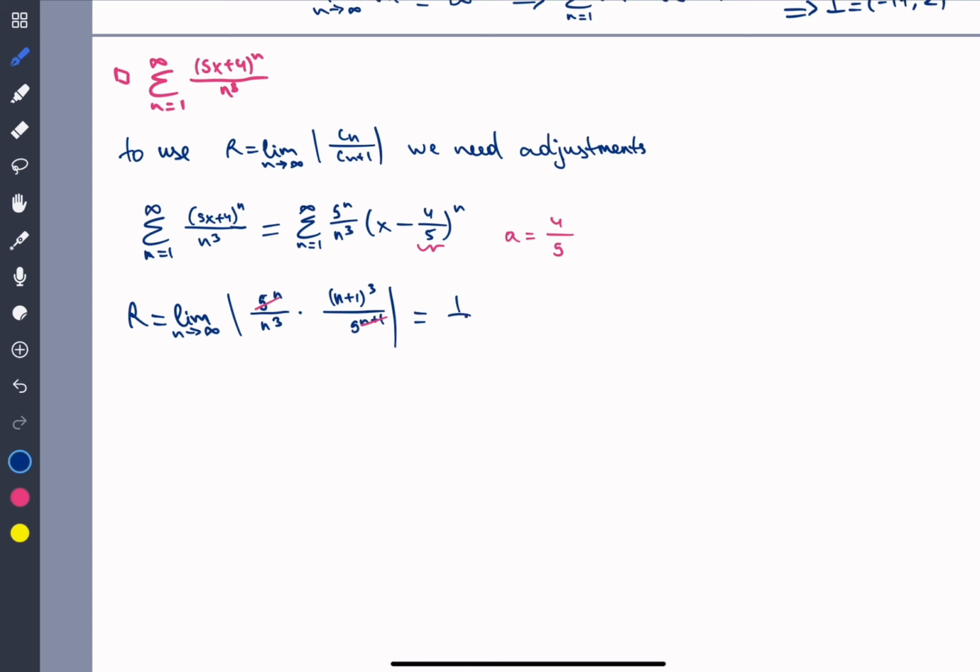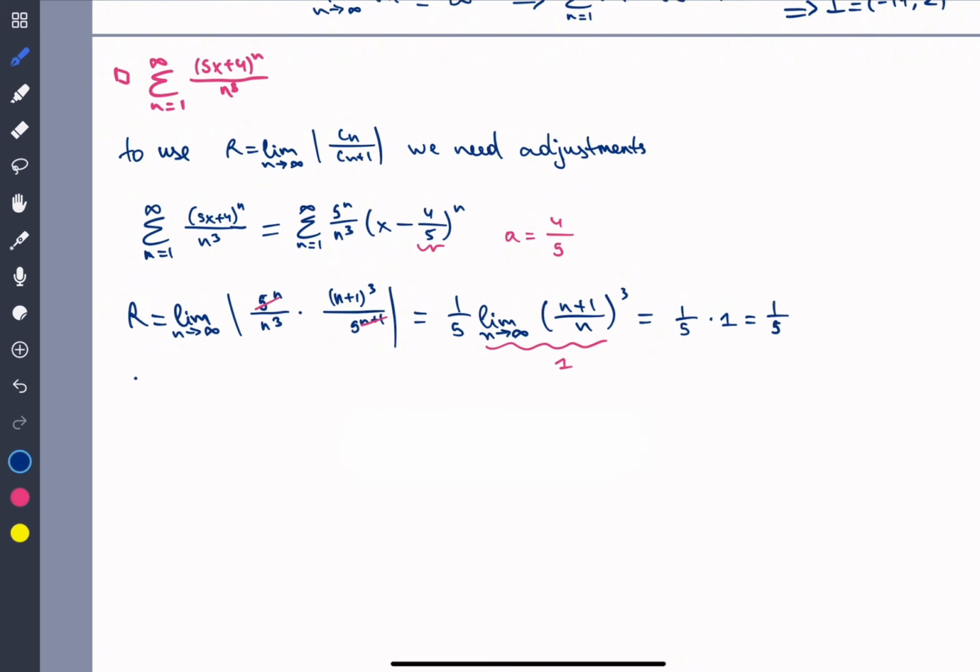We get 1/5 times the limit as n tends to infinity of n plus 1 over n cubed. We did this so many times, we know that that is just 1. So our radius of convergence is 1/5.